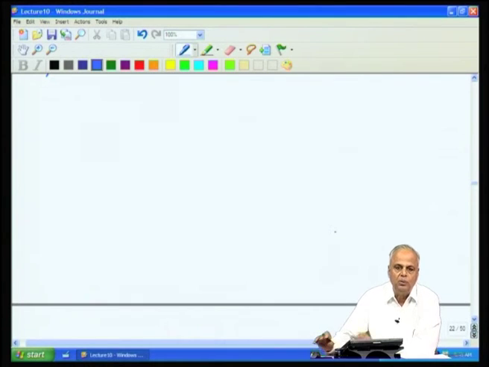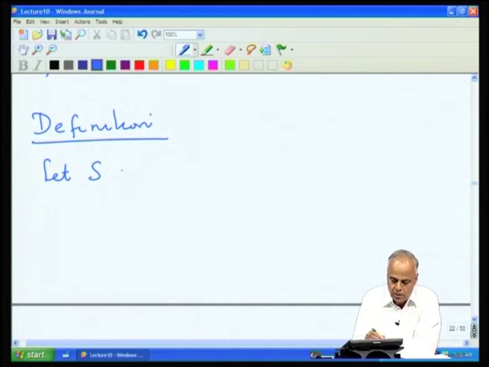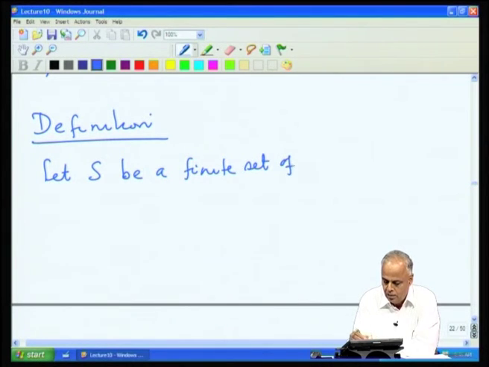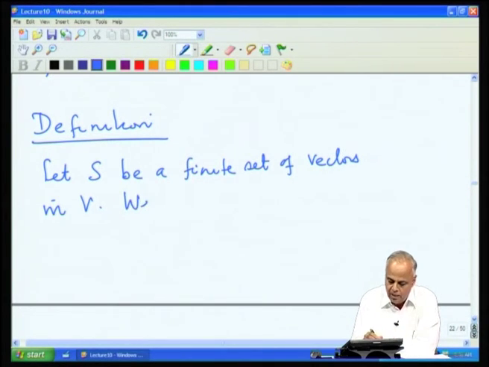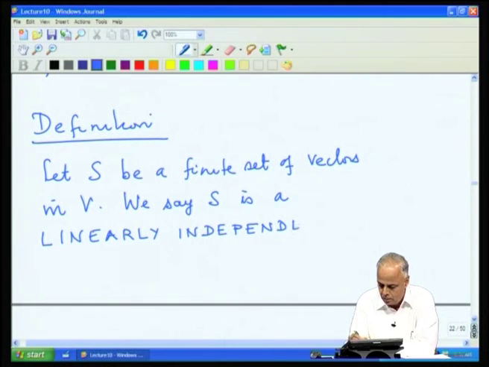So, there are sets for which only trivial will give 0 vector, and there are sets for which non-trivial linear combinations will also give 0 vector. We have to distinguish these two types of sets, and therefore, we give the following definition. So, let S be a finite set of vectors in V. We say S is a linearly independent set of vectors.